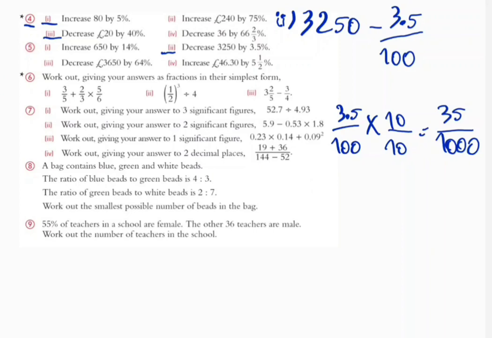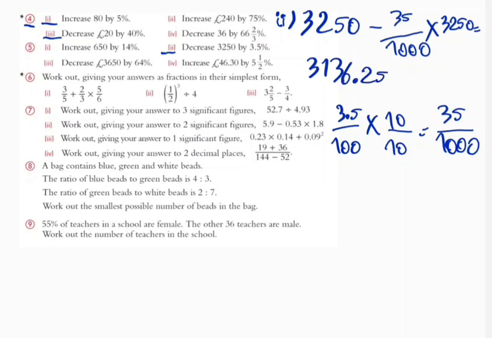Now this percentage times the initial amount, which is 3,250. Now we just need to work this out. So this is equal to 3,136.25.